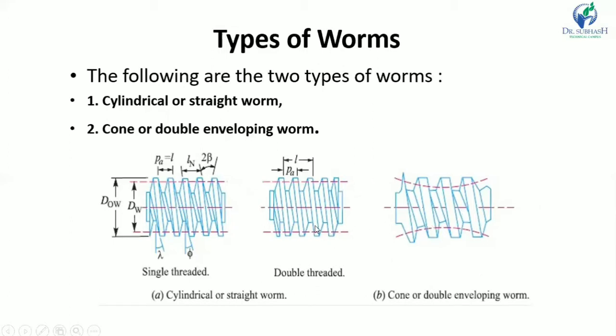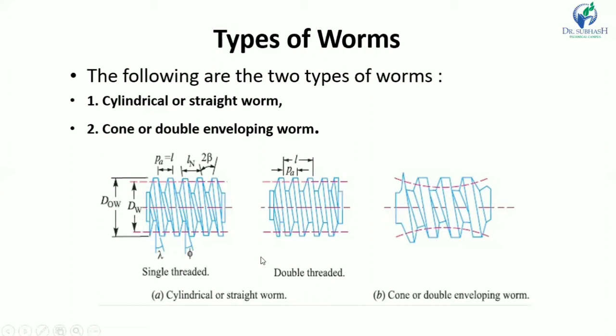Now, this cylindrical or straight worm is most commonly used, and the shape of this thread is involute helicoid of pressure angle 14.5 degree. Here the pressure angle phi is 14.5 degree for single and double threaded worm, and 20 degree for triple and quadruple threaded worm.